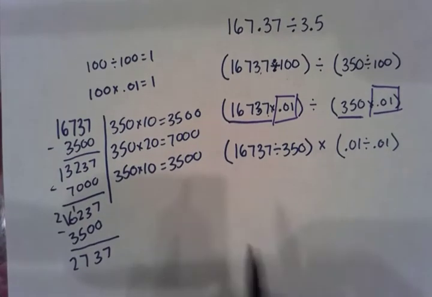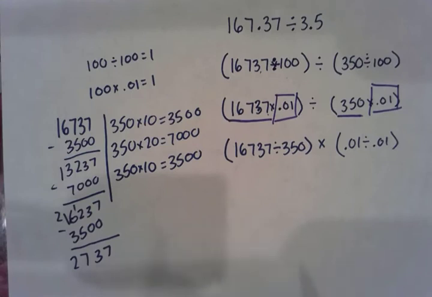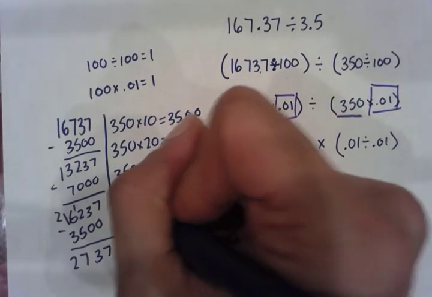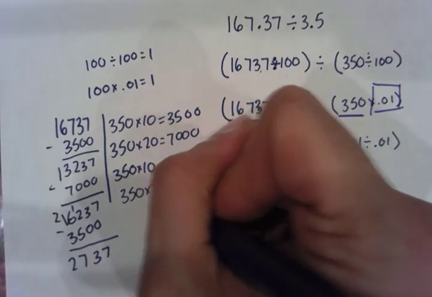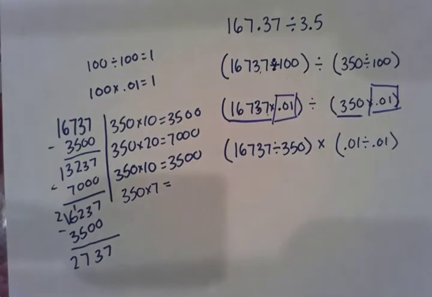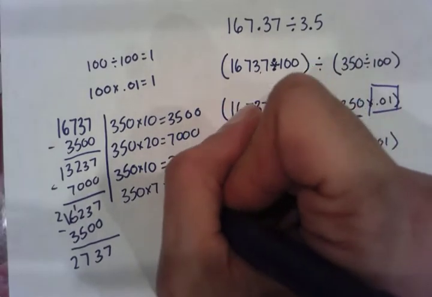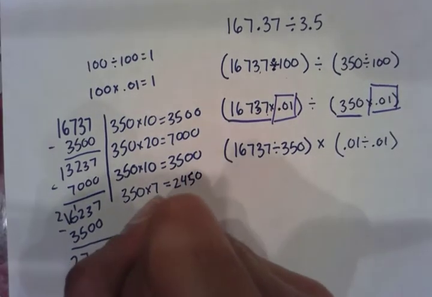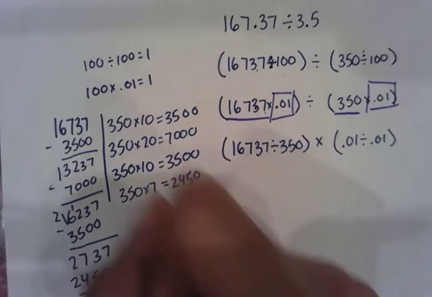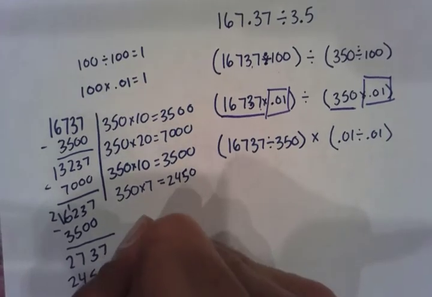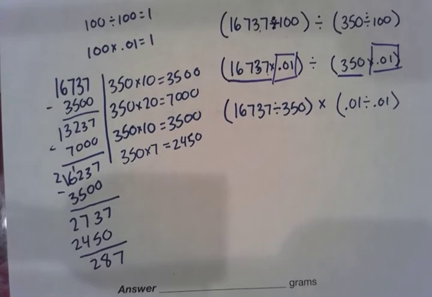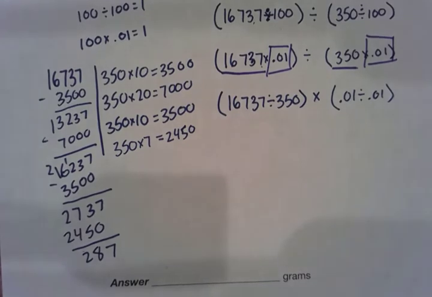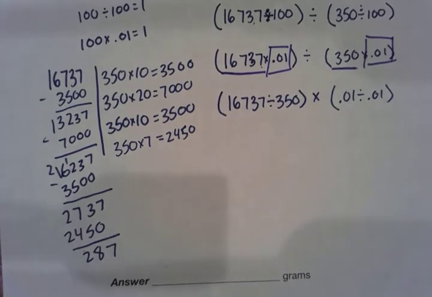So I can't fit another 10 groups of 350, but I do know 350 times 7 is going to give me 2,450, which is going to give me 287. So right now, I cannot fit any more groups of 350.